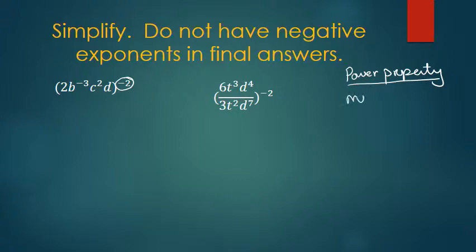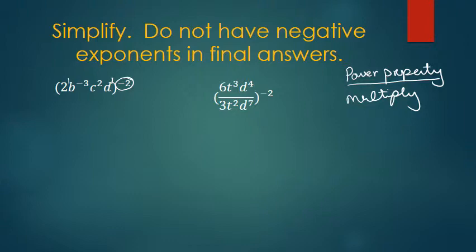you multiply your exponents. Now, often what is forgotten is that if you don't see an exponent, there's still a 1. So I would recommend placing a 1 on any value that does not have a visible exponent, because you're going to have to distribute the negative 2 to everything on the inside.